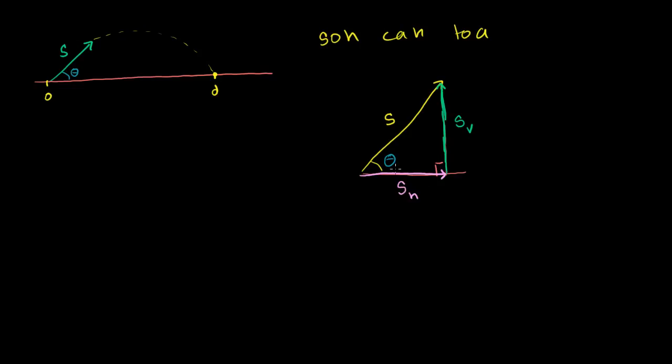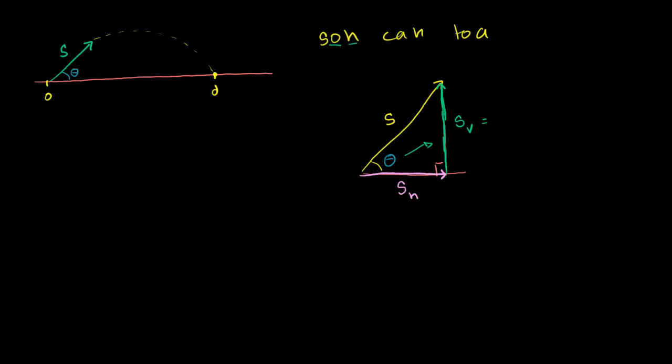We're assuming we know theta, we know s. We want to figure out what the vertical and the horizontal components are. So what's the vertical component going to be? Well, the vertical component is opposite this theta, and we know the hypotenuse is s. So we could use sine, because that deals with the opposite and the hypotenuse.